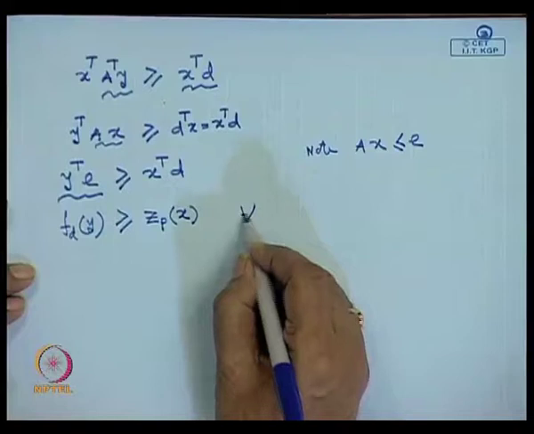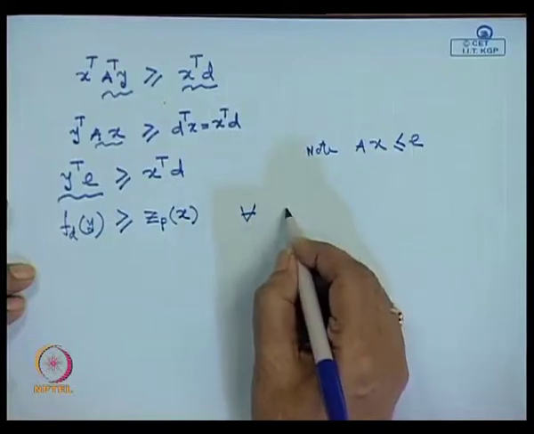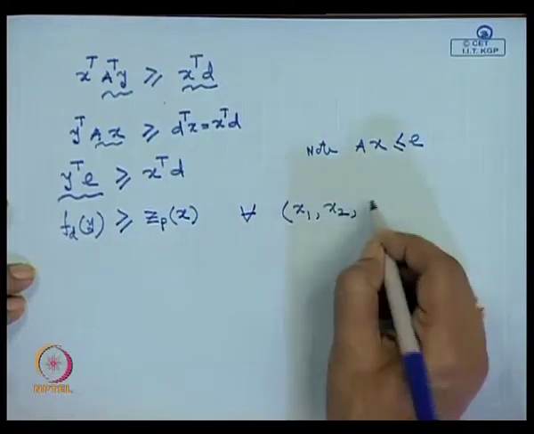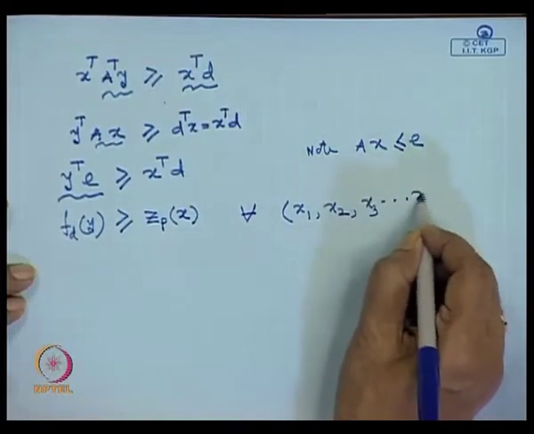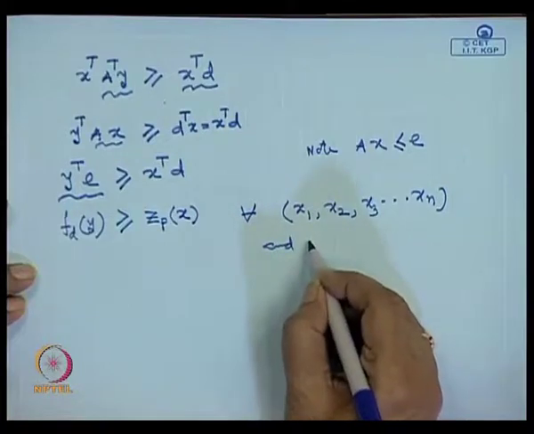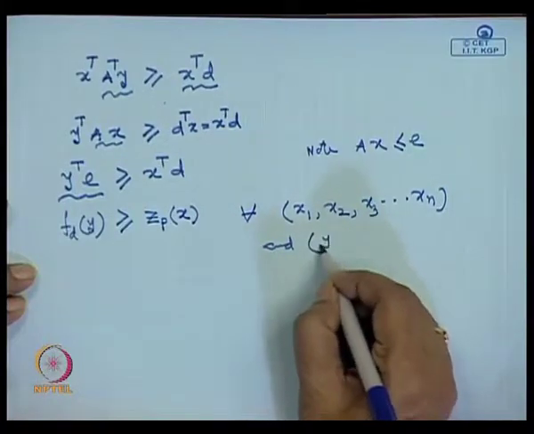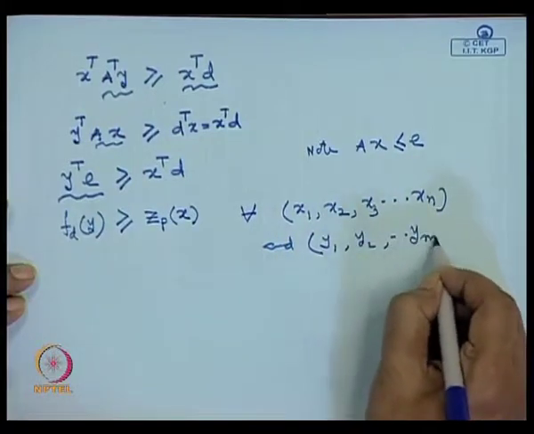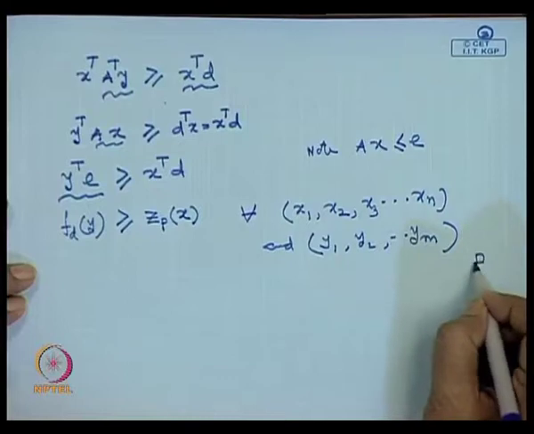This is always true for all x, with components x1, x2, x3 up to xn, and for all y1, y2 up to ym. So this proves the theorem.